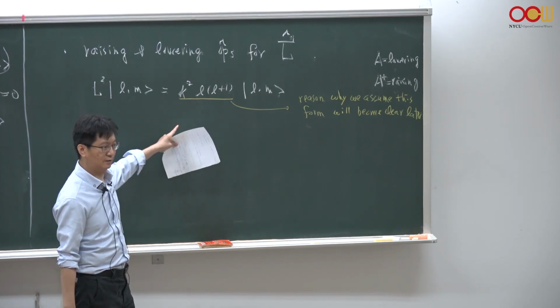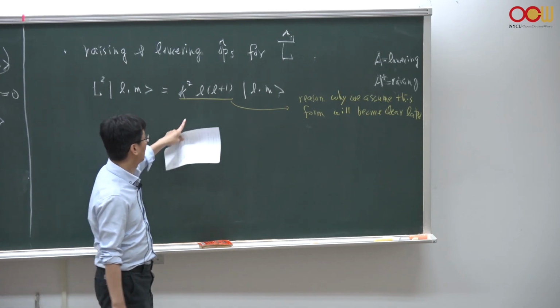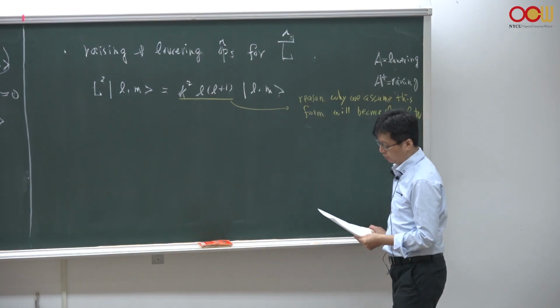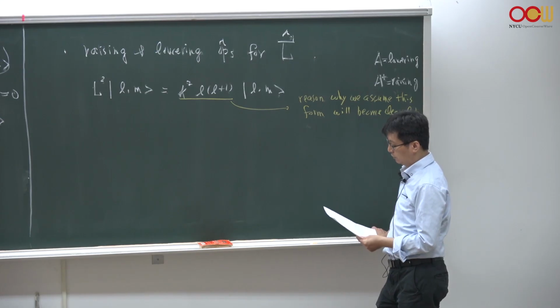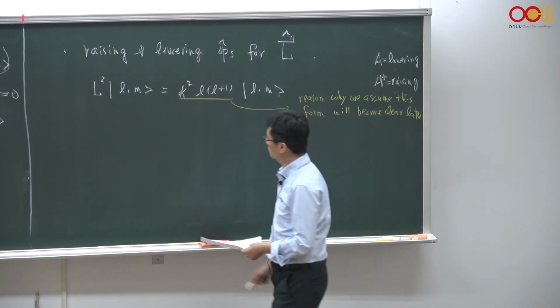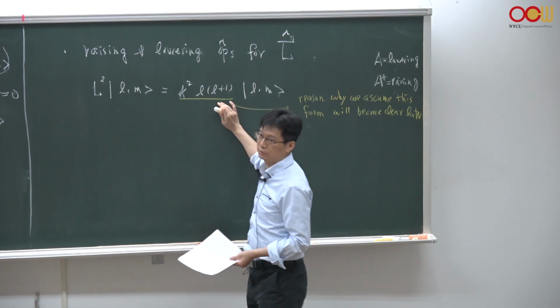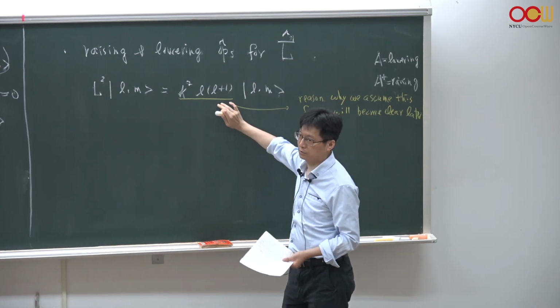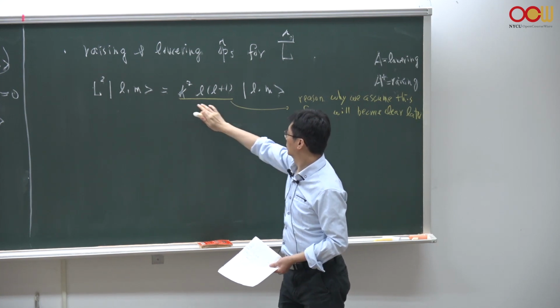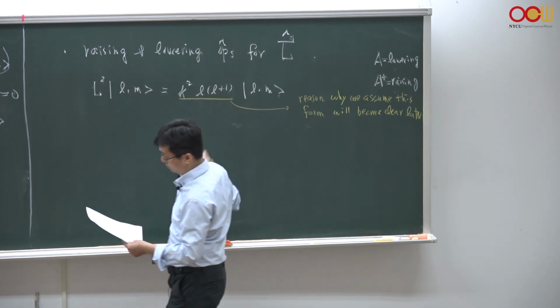We don't know that at this point, but we will see later why we assume this particular form of the eigenvalue l times l plus 1. But in any case, this is some real number, some positive valued eigenvalue, which is h bar squared times l times l plus 1.